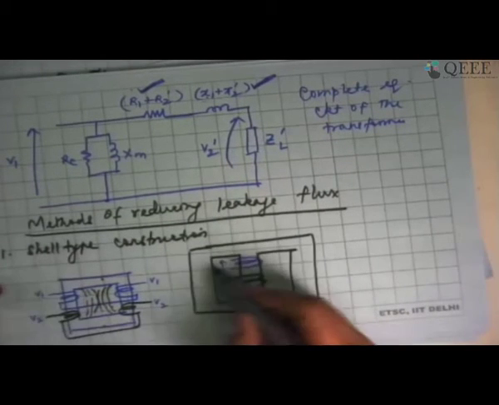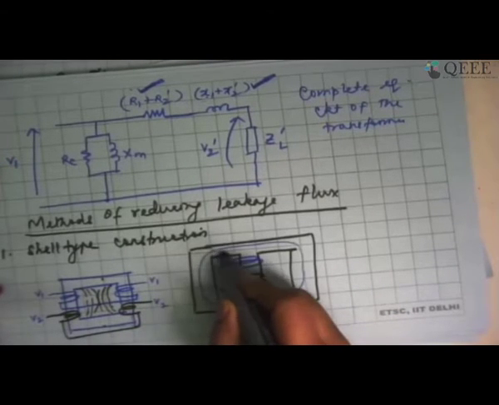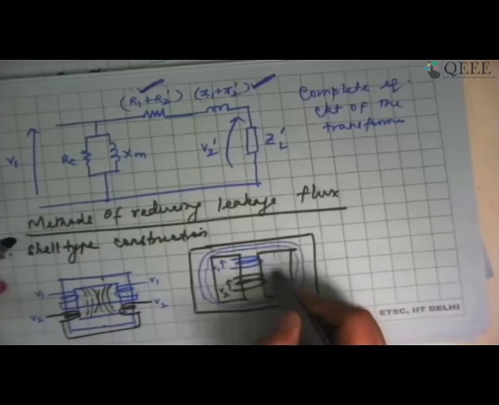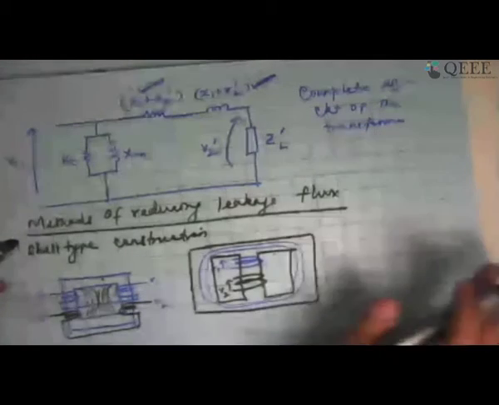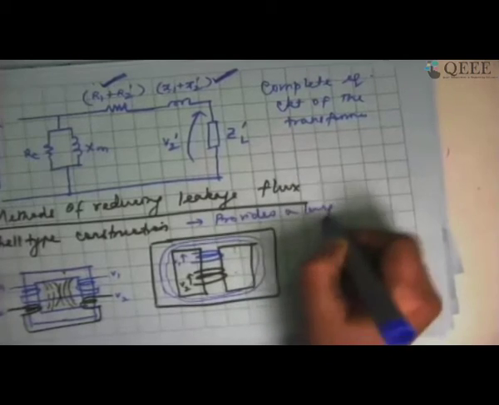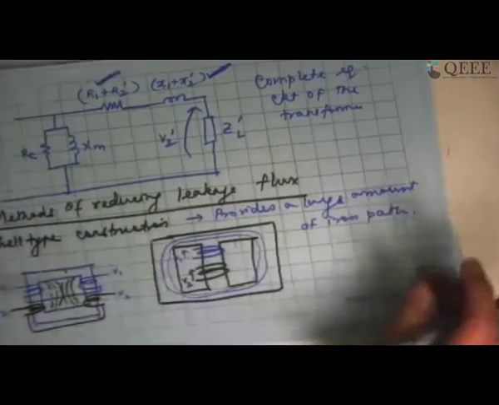But because everywhere it is surrounded by iron, most of the lines would try to confine themselves to the iron path only, because wherever it looks, very limited surrounding air is there. So shell type construction provides a large amount of iron path, and air path is hardly ever available. That's the reason why it reduces the leakage flux. So this is one of the methods of reducing the leakage flux.